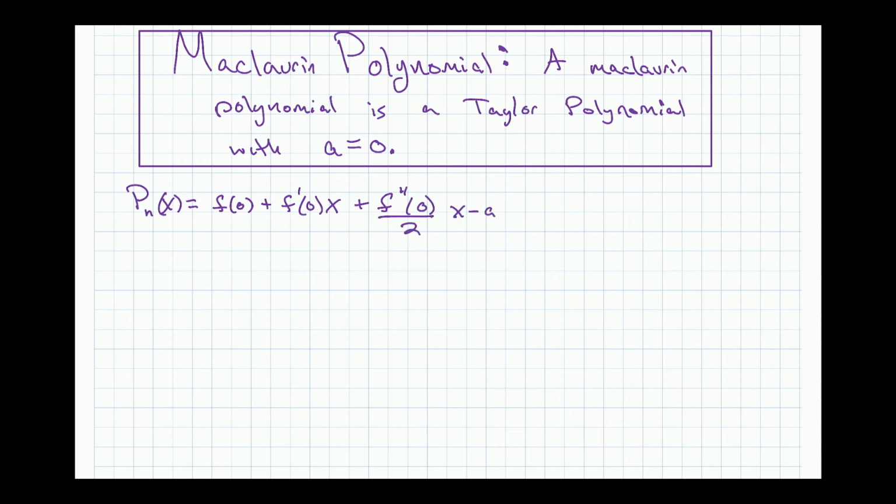Again, it should be x minus a to the 2, but a is 0, so it's really just x to the 2. We already know the pattern here. I'll do one more in case anybody jumps here for some reason. Then third degree, and you keep doing that right up until you get to the nth degree. They're all at 0. So that's a formula you could use. You do not need it. You can just use the normal Taylor polynomial formula.